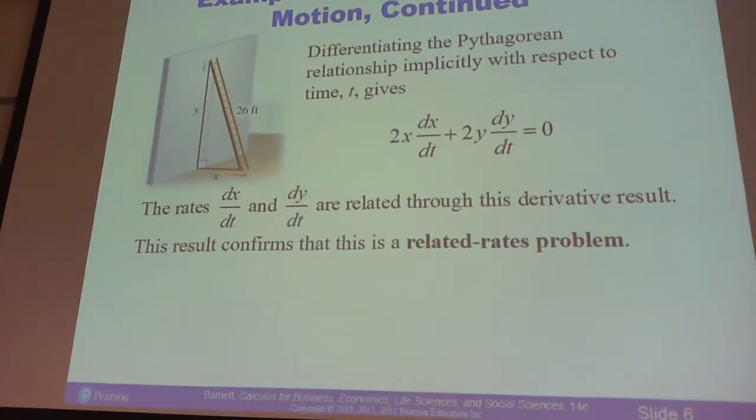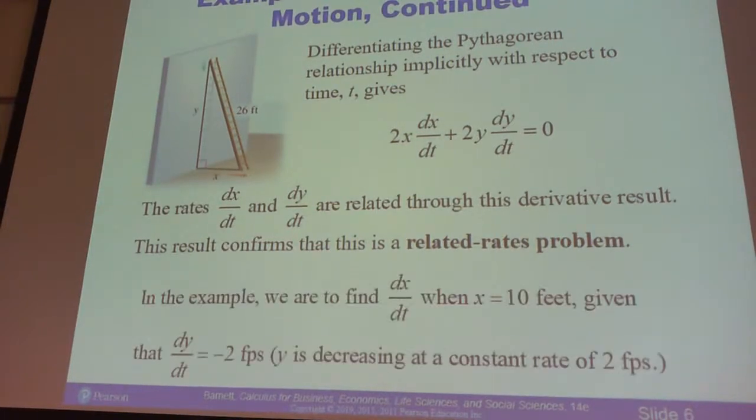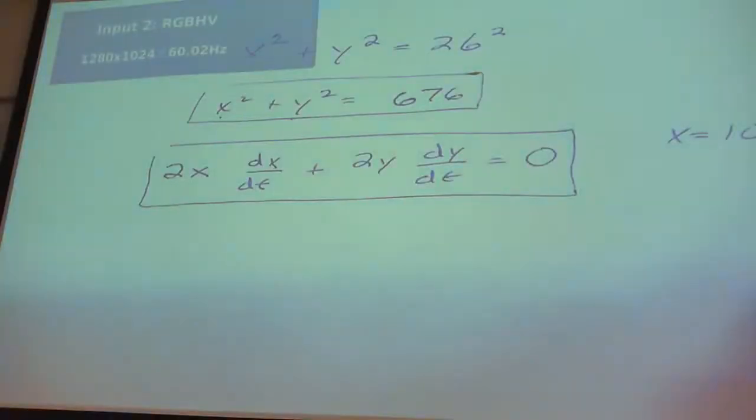This result confirms that this is a related rates problem. In this example, we're trying to find dx over dt when x is 10 feet. So we know that x is 10 feet.